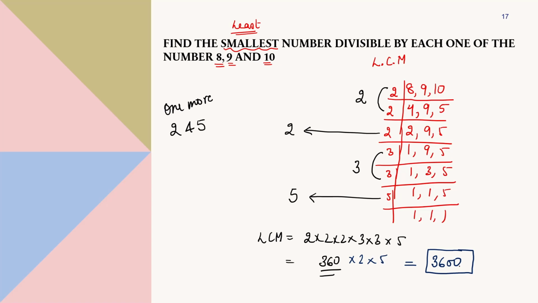We have an even number of zeros and 36 is a perfect square of 6. Hence, the smallest number divisible by each of the numbers 8, 9 and 10 is 3600.